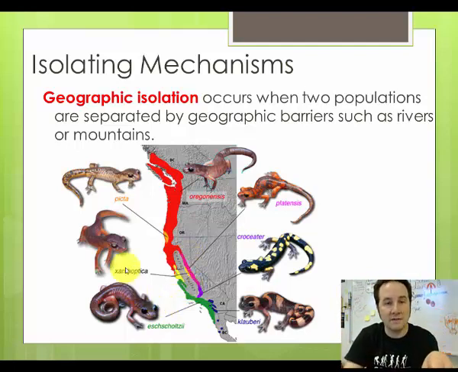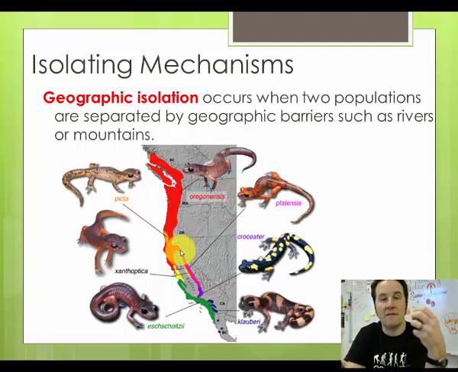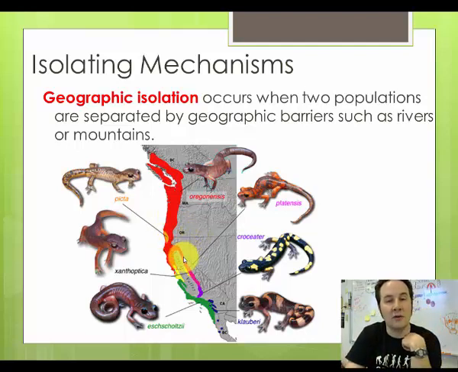So what we have here is a great diversity of different salamanders based on that geographic distribution. Because they are separated by, in this case, a mountain range, they've formed new species. The variation found in the population that originally came to the east side of the Sierra Nevadas is different than the variation found in the west side. Ultimately, that has led to the formation of two new species.